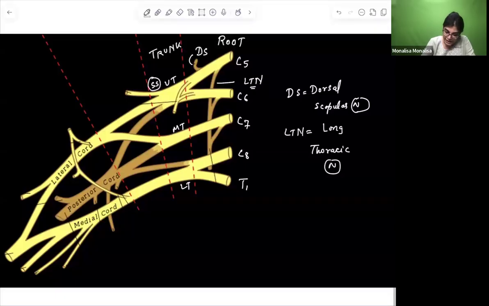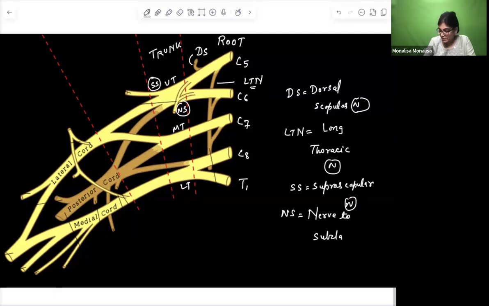One is SS and the other is NS. The full form of SS is suprascapular nerve. The full form of NS is nerve to subclavius. Done.